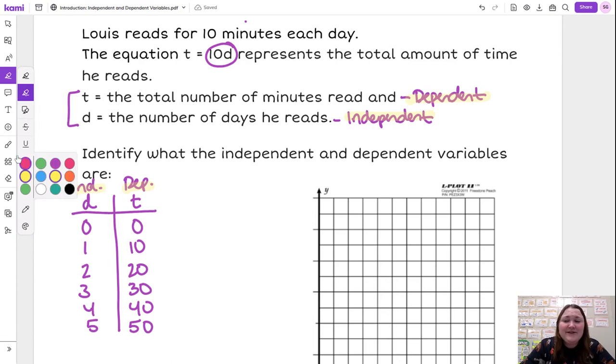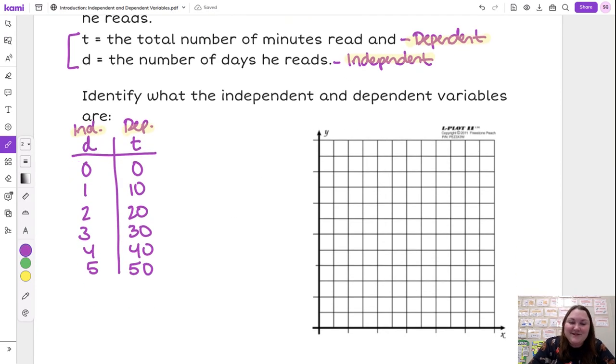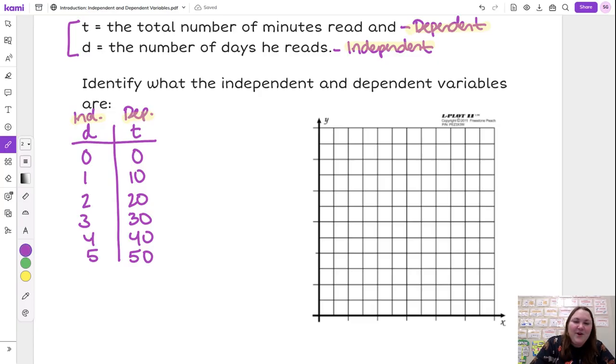The other thing we're going to do a lot in this unit is create graphs. And just like the table, there's a reason we want to know independent and dependent variable. When you create a graph, your x-axis, that's the number that goes sideways, that is where you always put your independent variable. And your y-axis, the one that goes up and down, that is where you always put your dependent variable.